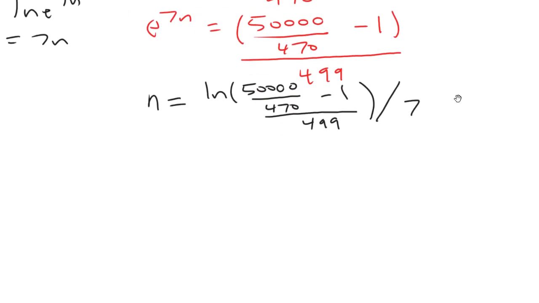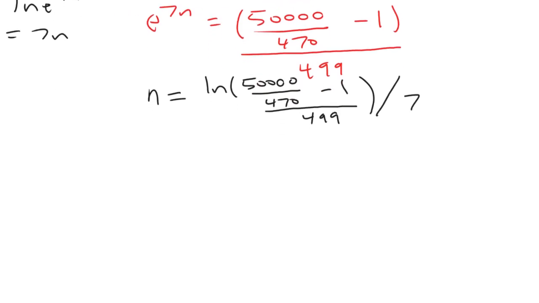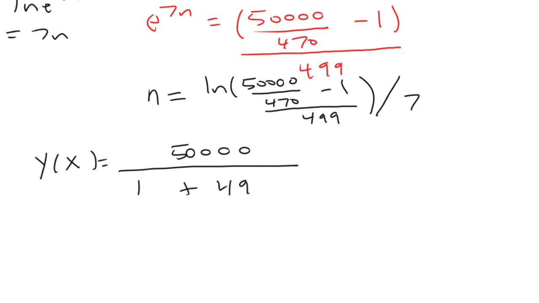Let me just put it over here. We found that y of x is equal to 50,000 divided by 1 plus 499 e to the negative 0.22214 x, right?